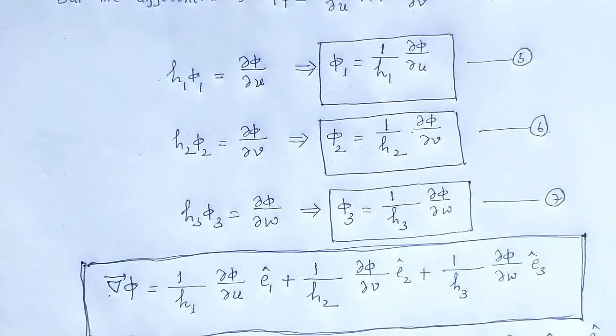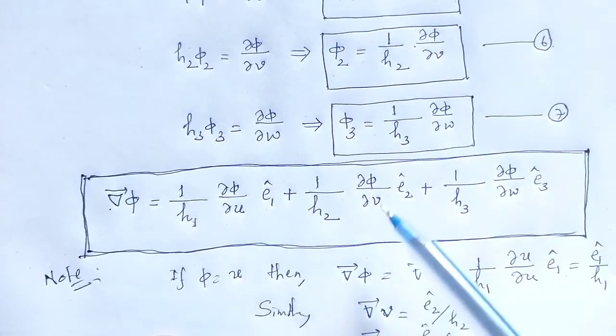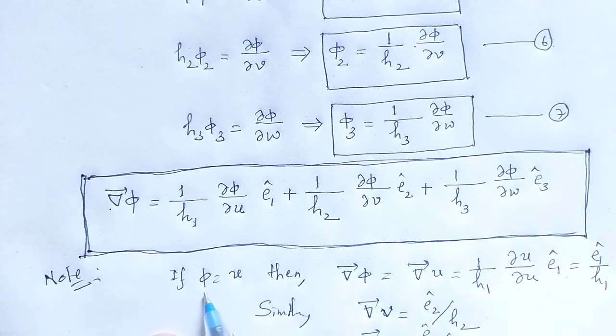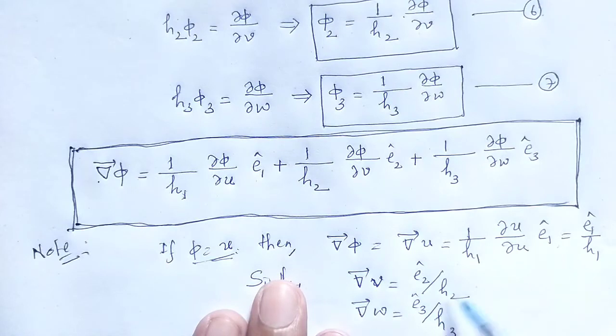Finally, putting these values in equation number 1, the gradient of the scalar, grad phi, is this expression, which is nothing but the gradient in terms of orthogonal curvilinear coordinates. And finally, a special case: if phi is equal to u, grad of u is equal to e1 cap divided by h1, grad of v is equal to e2 cap divided by h2, and grad of w is equal to e3 cap divided by h3.